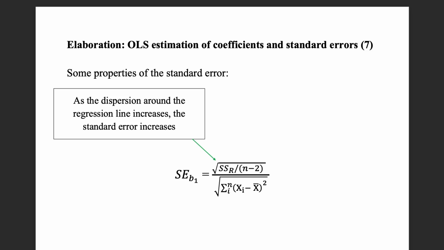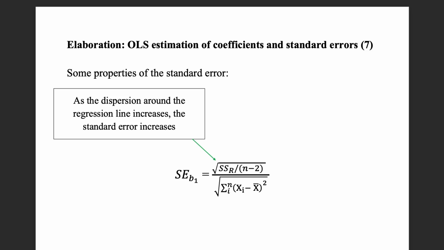So you get a lot of confidence about the effects that you find in that model, so the coefficients that you find in that model. Whereas if all the individual observations are very, very spread out around that regression line, then that suggests that there is a lot more variability going on that you haven't captured with your regression model.